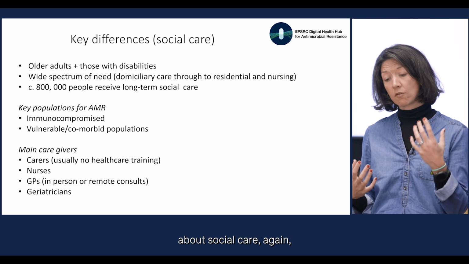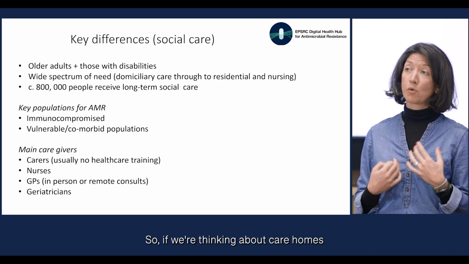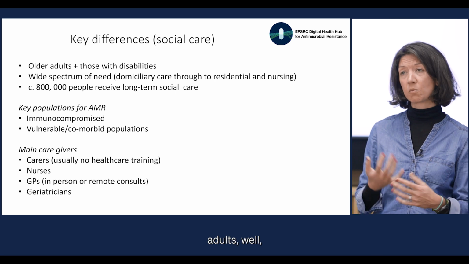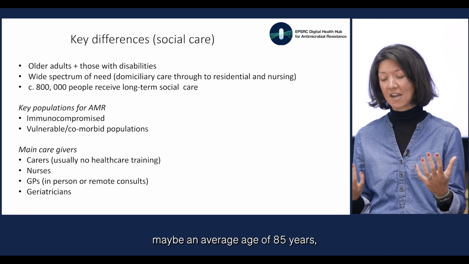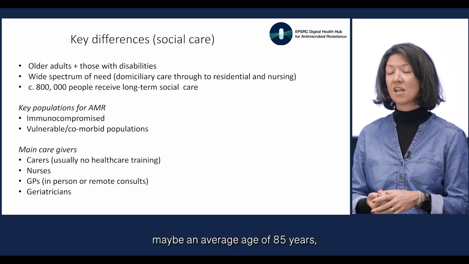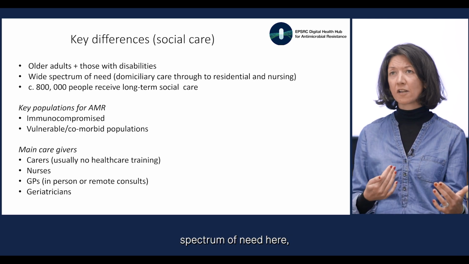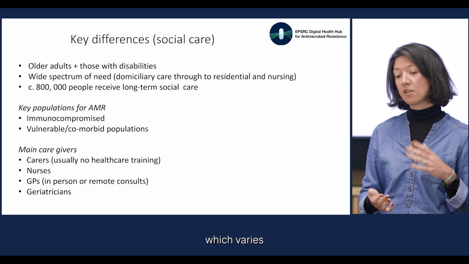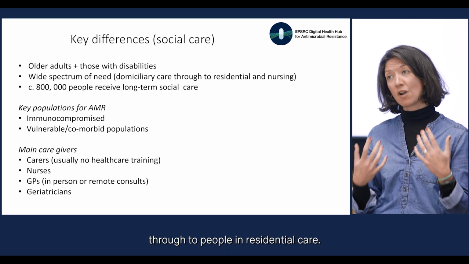And then thinking about social care, again, totally different population. So if we're thinking about care homes for older adults, well, these tend to be people who are at very advanced age, maybe an average age of 85 years, and people who have disabilities. And there's a very wide spectrum of need here, which varies from people who receive care in their own homes through to people in residential care.